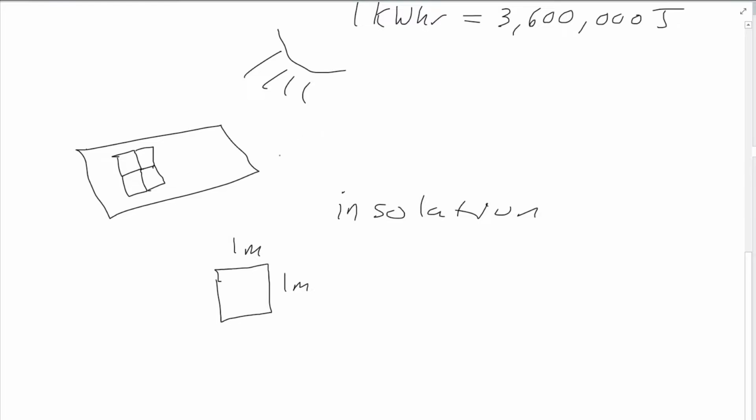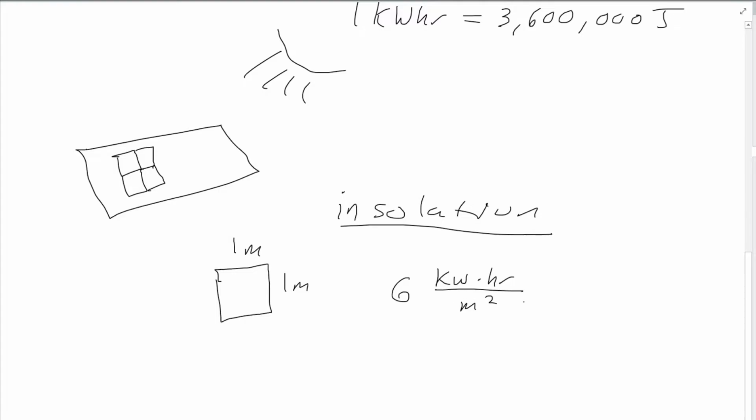Early in the day, not so much. When it's close to noon, there's a lot more energy available, and then at the end of the day, a lot less energy available. So insolation is a way of sort of averaging it out for the entire day, right? In the case here, what has been given in the project is that the insolation is 6 kilowatt hours per meter squared.